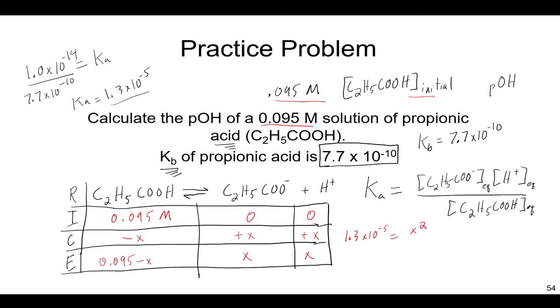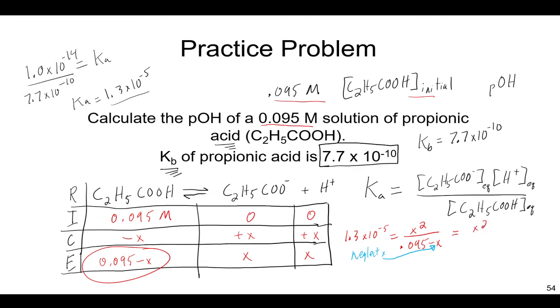That's going to be x squared, this times this, over my equilibrium here. I can now try neglecting the x.